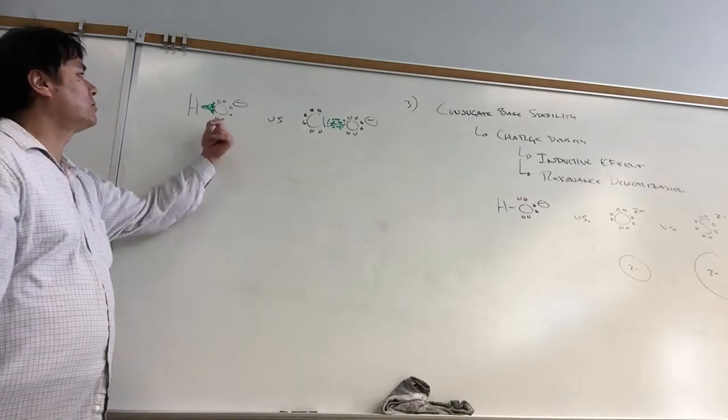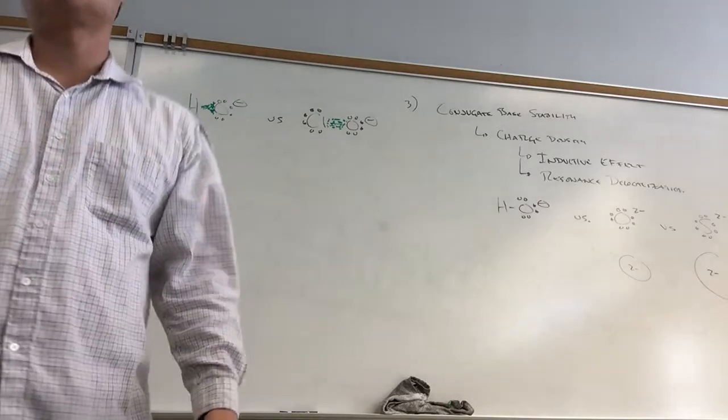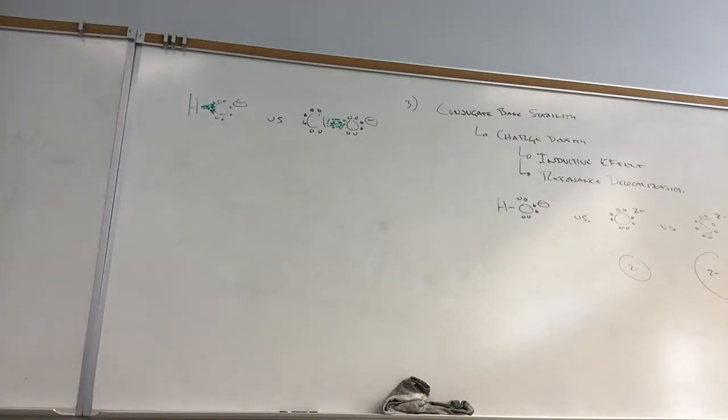And so, in other words, which one is a stronger base? Hydroxide or hypochlorite? Hypochlorite is a stronger base. Is it? Well, what makes a strong base? A strong base has more negative charge density on the active atom. The active atom in this case would be the oxygen.